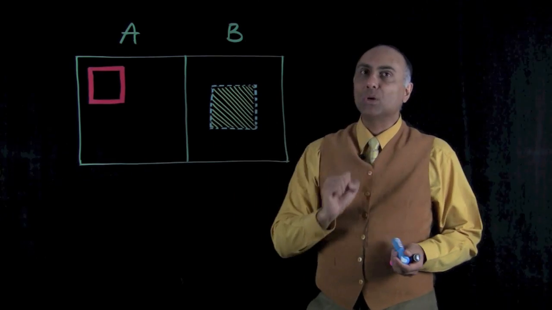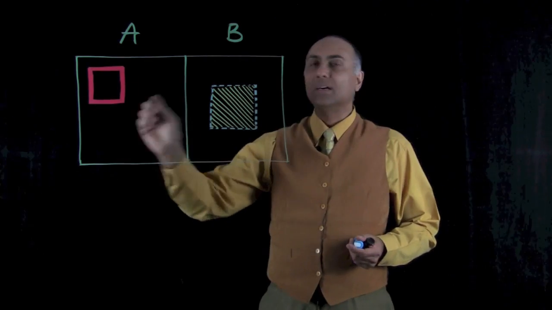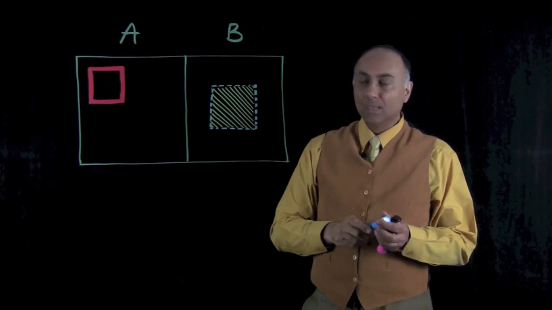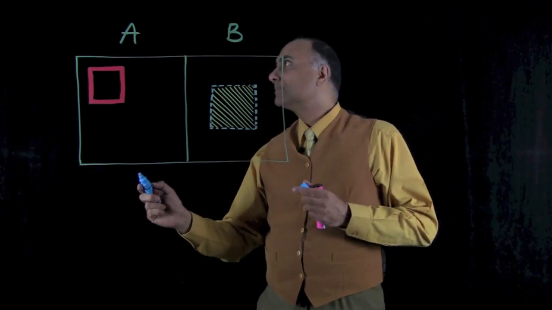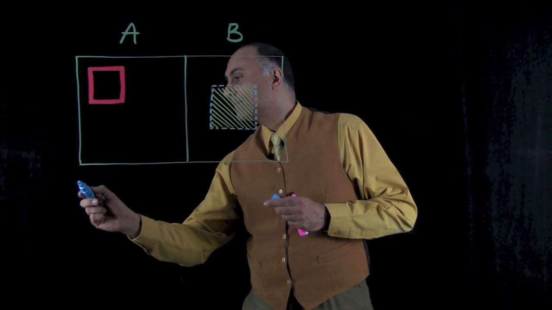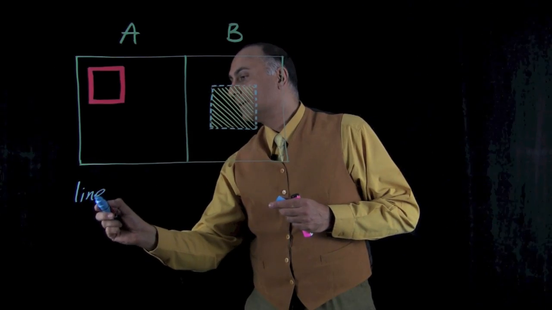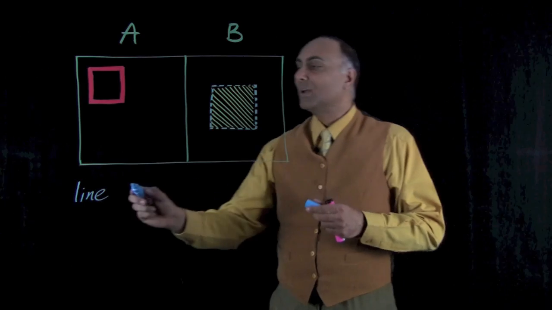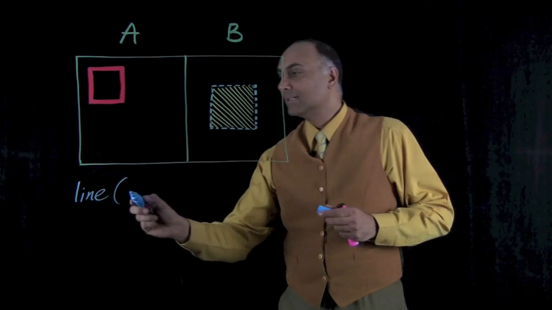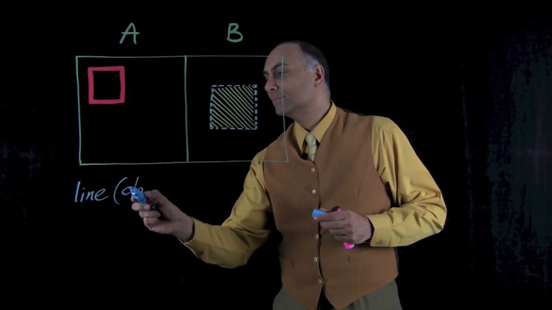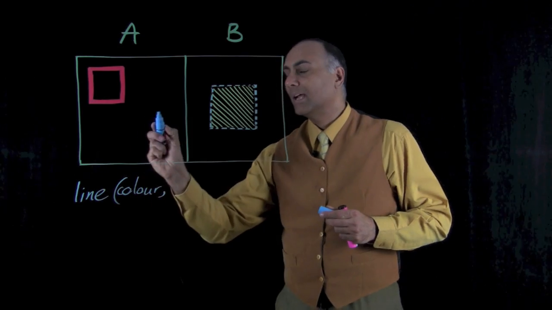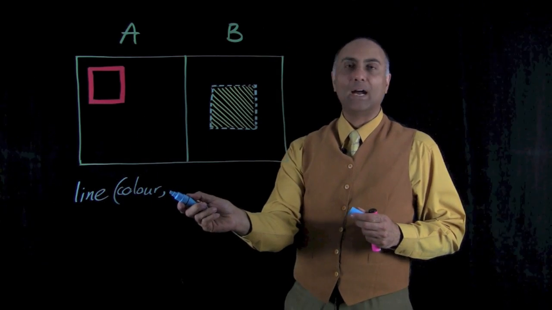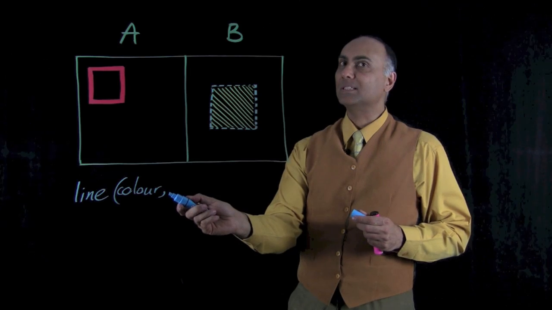Now, actually what we're talking about there is the color of the line. So, what I'm going to do is list that as line, and in brackets, the color of it. And I've put a comma because there are other differences there underlined.